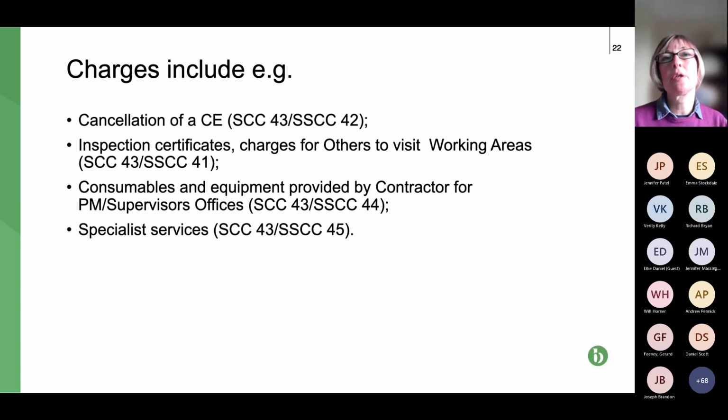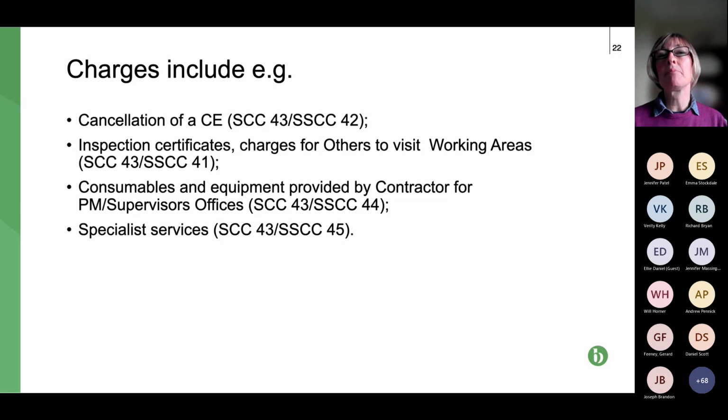So what else do the charges include for if a compensation event is cancelled? This is where the payment is covered off. It includes things like inspection certificates, charges for others to visit site, and others don't include the contractors, other people.